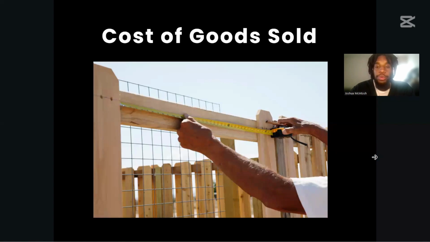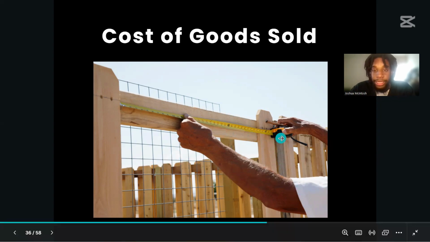To give you a visual representation of cost of goods sold, here is a picture I use as an example for cost of goods sold. It's going to be the direct material. So let's say I was a contractor and I was building a fence for somebody else. The wood would be categorized as cost of goods sold. This metal sheet behind here would be categorized as cost of goods sold.